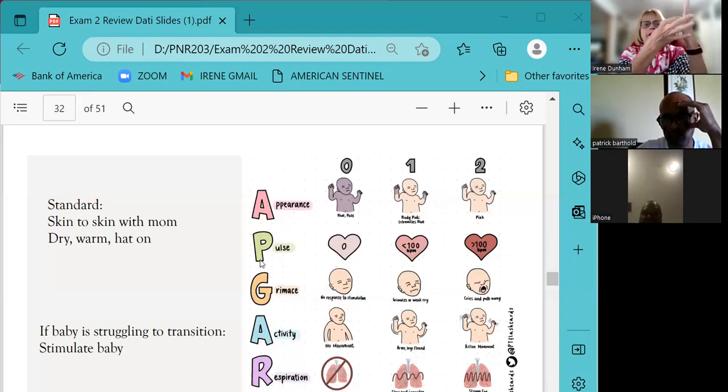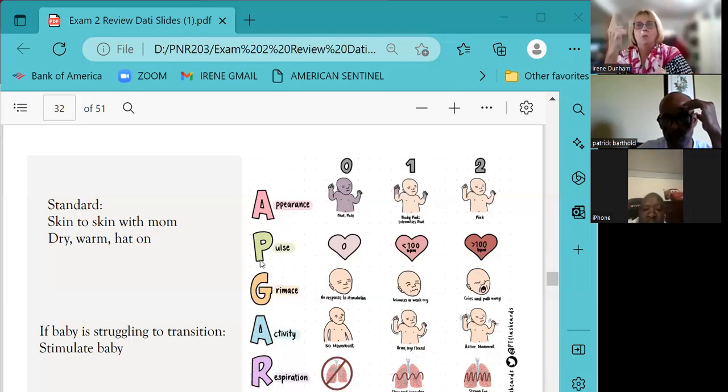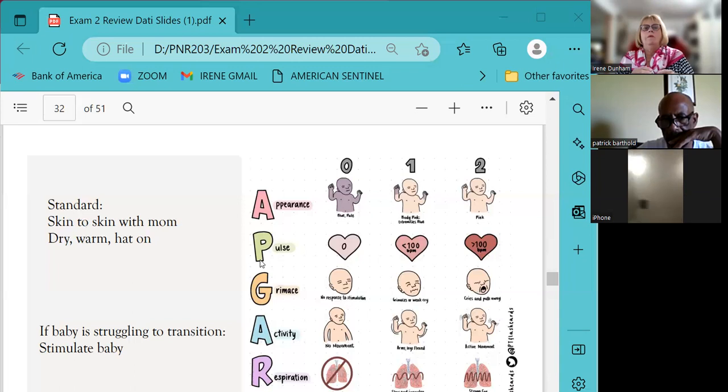Now, if I do this and he grimaces a little bit and gives me a weak cry, I give him a 1. He's trying. If I do this and he cries and lets me know he really doesn't like this nurse, that's a 2. And so these are how the baby responds.